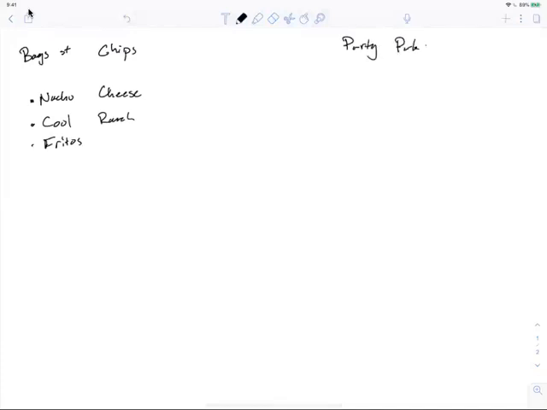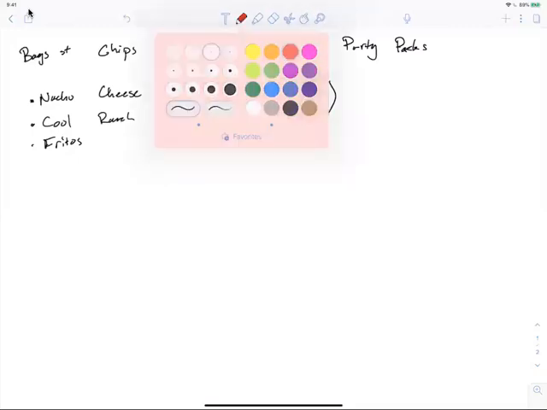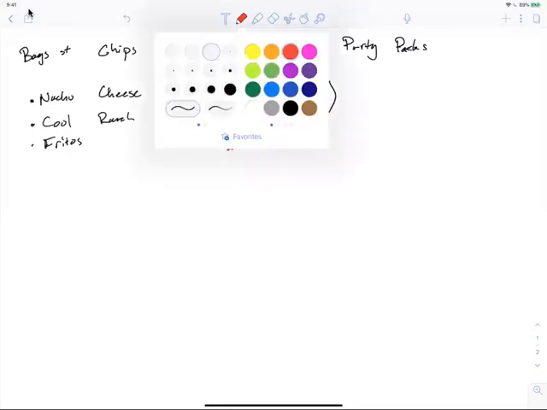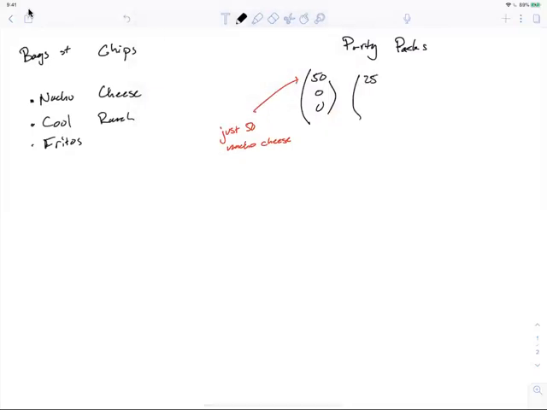So you can buy the chips in big boxes. So one box might have had just 50 nacho cheese. And another box might have had 25, 25, and 0. So that's just Doritos. And another one might have had 20 of each.